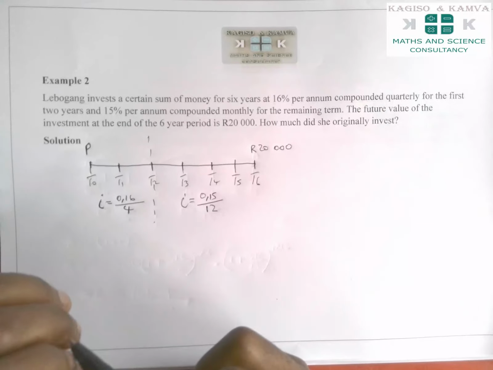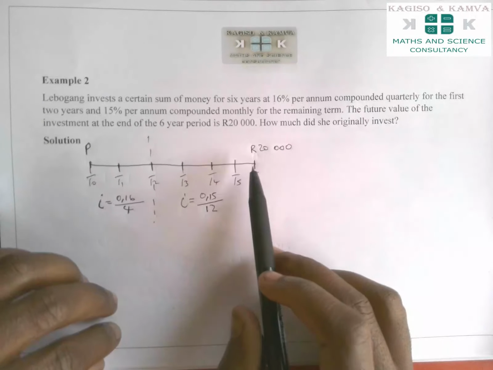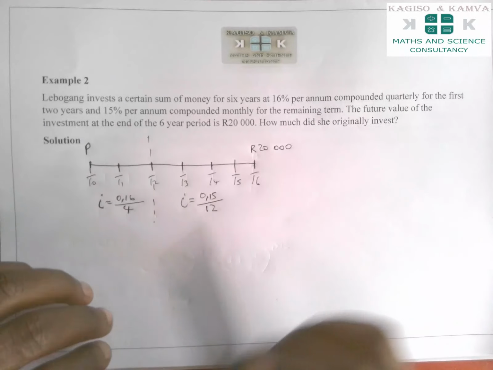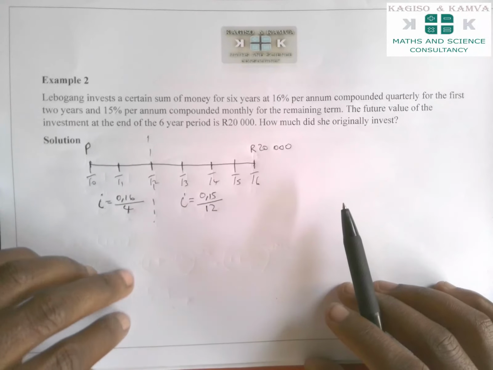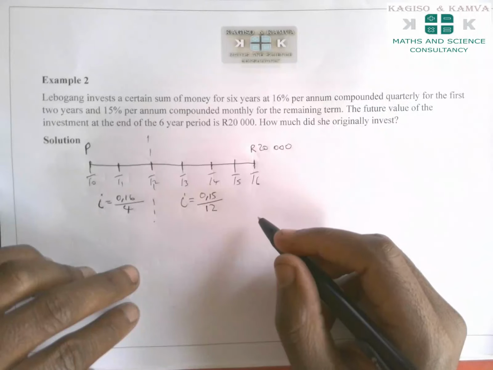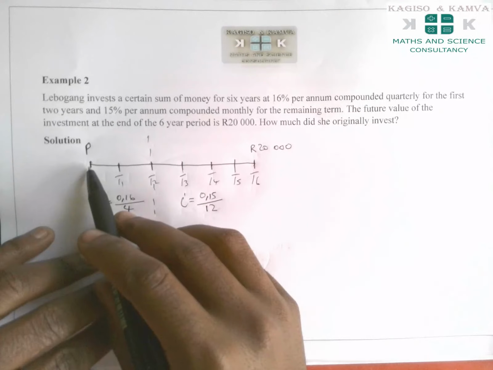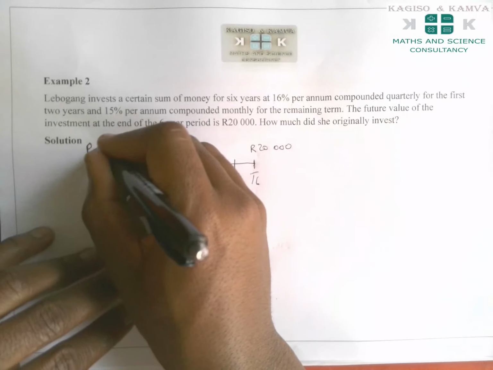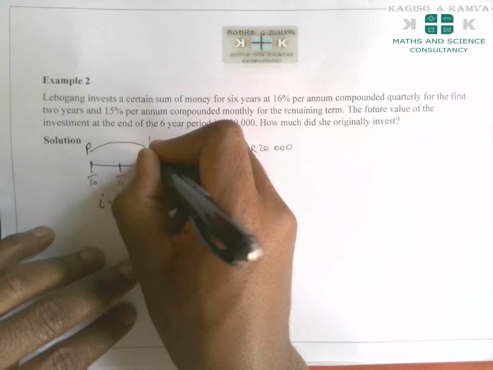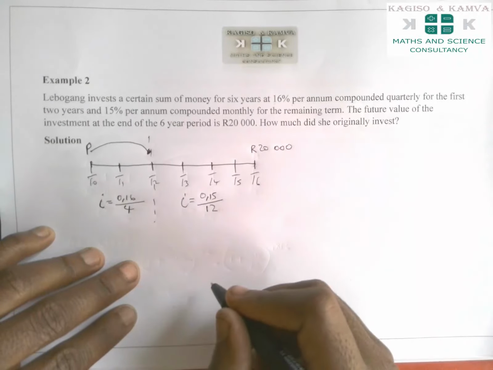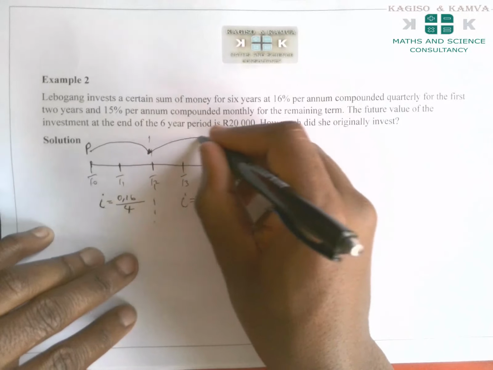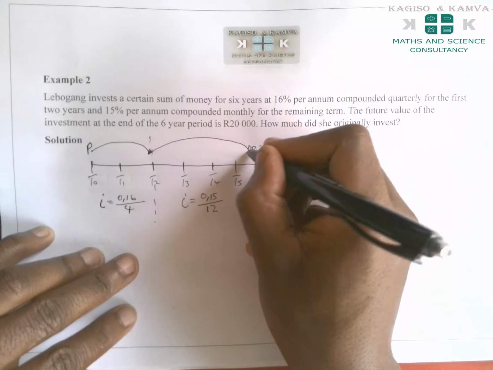So like we said, if we move from right to left, we use the present value, and the exponent is negative. Because what happened here is that this money went from here to there, and then it bounced because there was a changing interest, and then it went to 20,000.